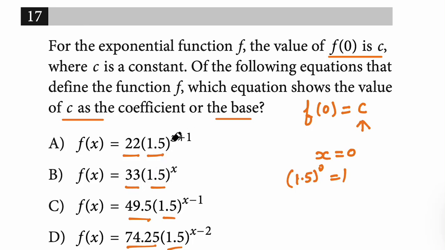In the first option, that will be 22 times 1.5 raised to power 0, and their product will be our answer. But what we need is that when we put x equal to 0, either of them should be the answer. So this is the only case where, when you put x equal to 0, f of 0 is equal to 33. C is 33.